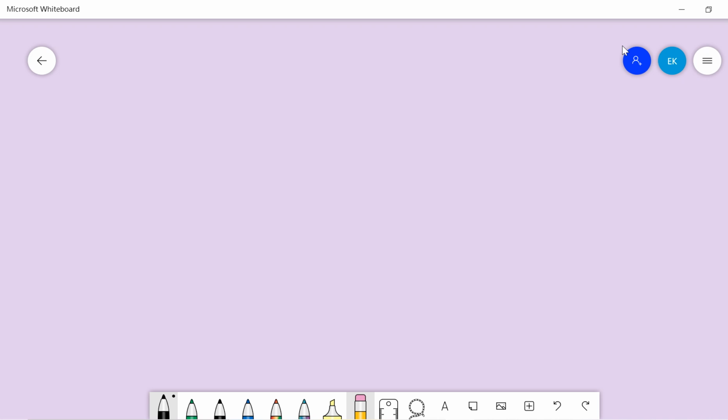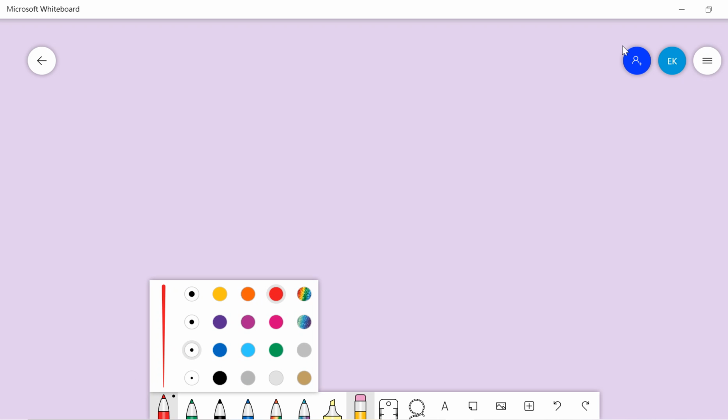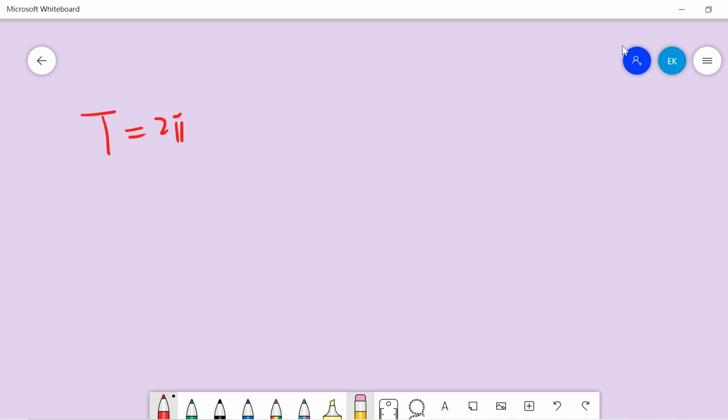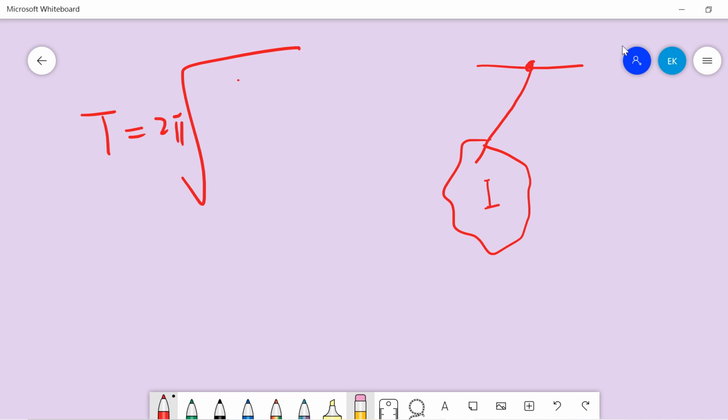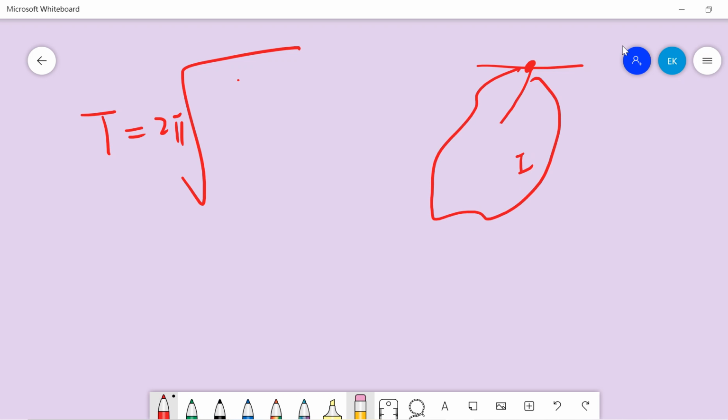Okay, there's a difficult formula. I don't know, maybe you guys don't know, but I will just write it. Suppose you have a small oscillation about a pivot point, with a moment of inertia I with respect to this point, and this is the distance from the center of mass to the pivot.